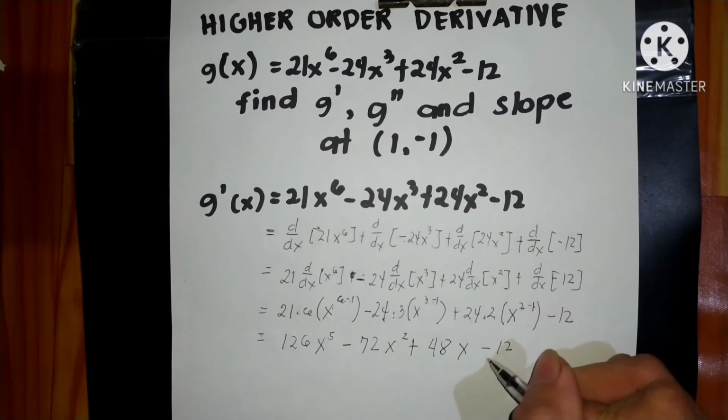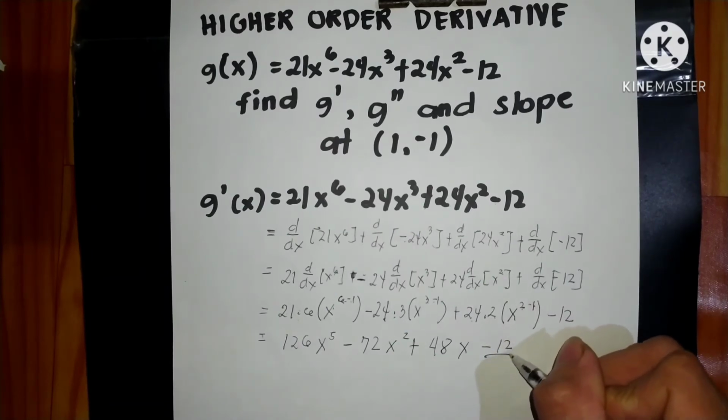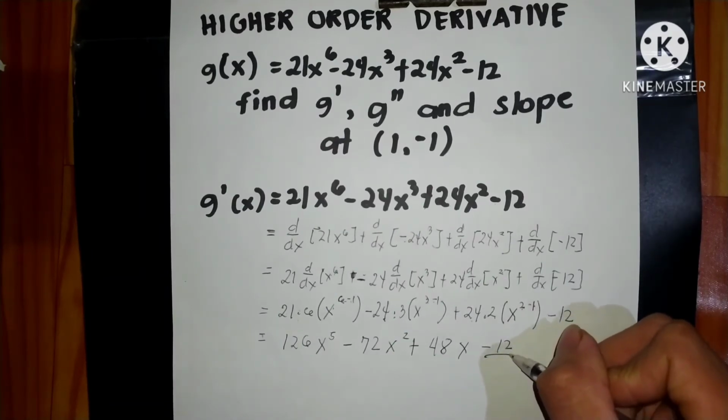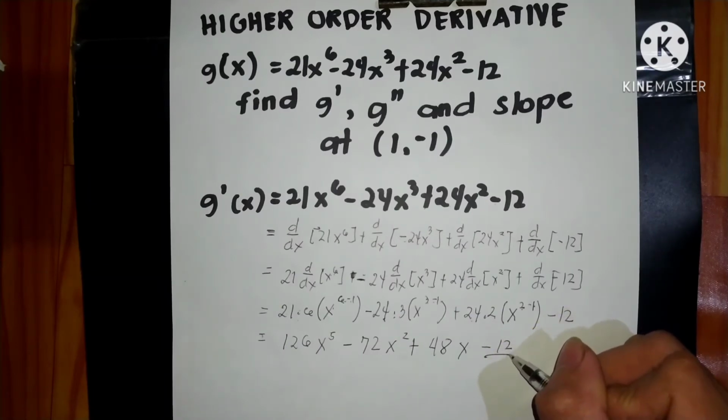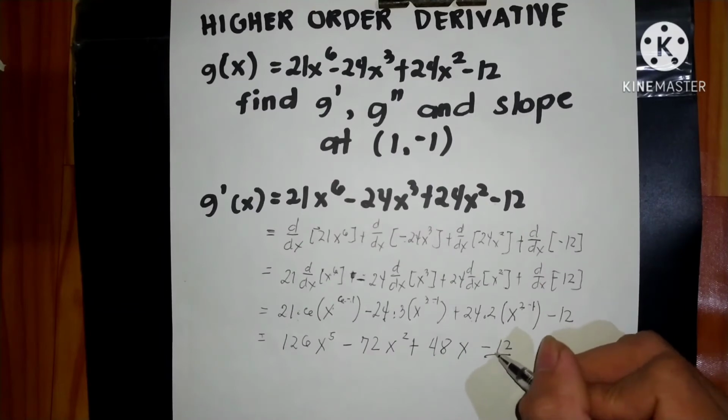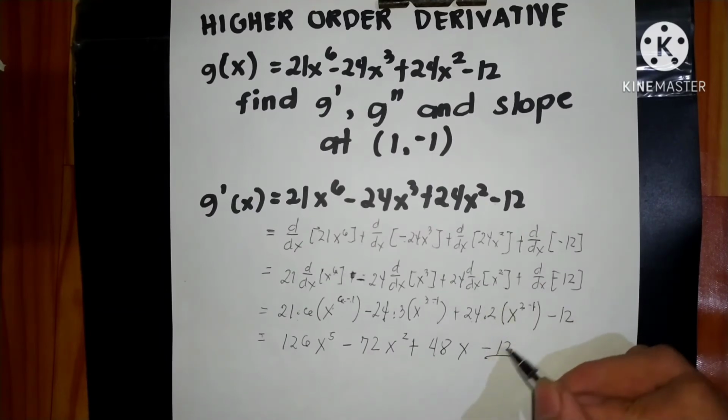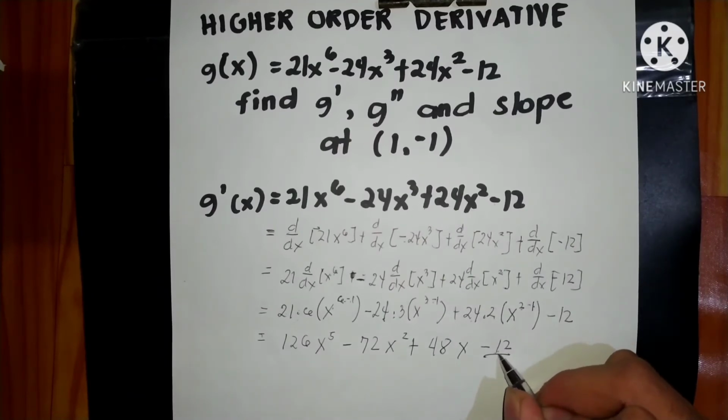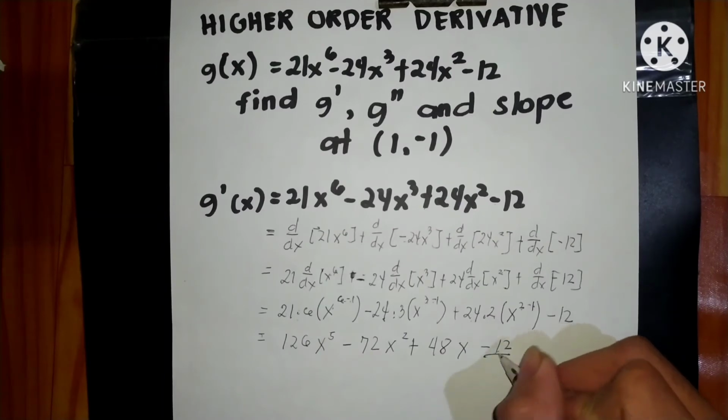So, yung 12, i-differentiate natin siya using the constant rule where negative 12 is constant with respect to x. And the derivative of negative 12 with respect to x is 0.